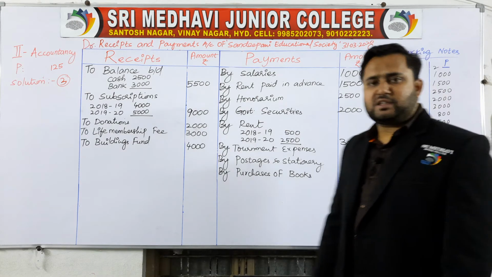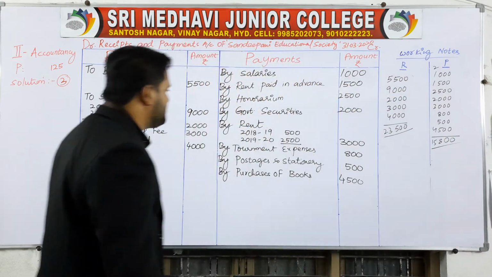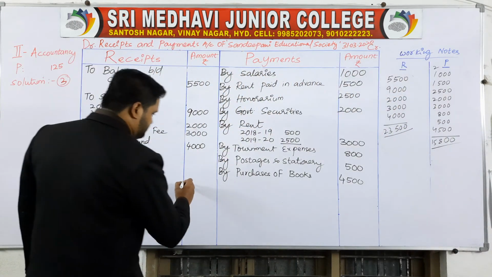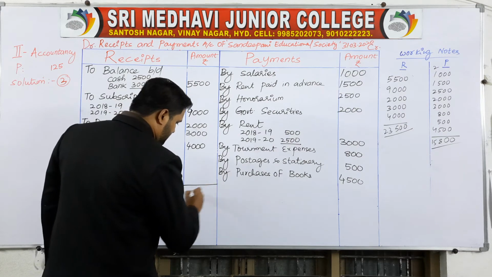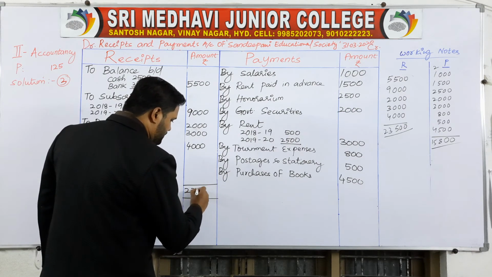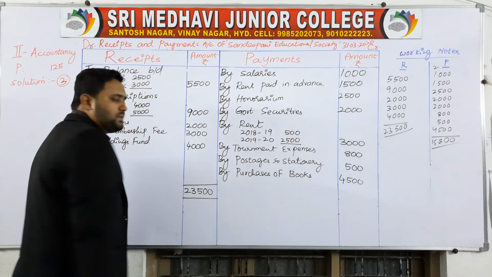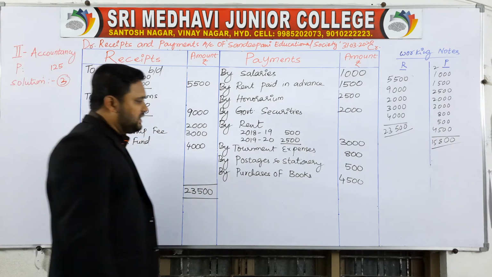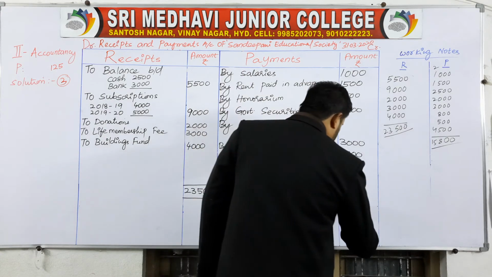So which amount is greater? 23,500. Write on both sides 23,500 on the debit side and write the same here as well.